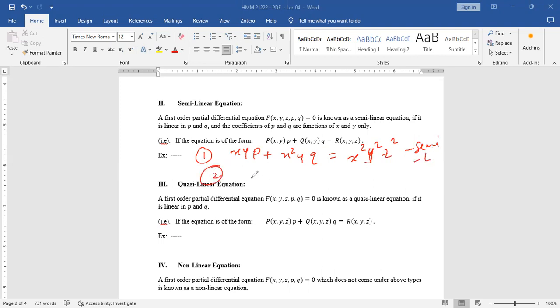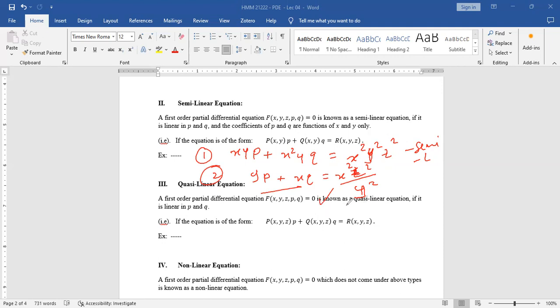Maybe another one, let's say yp plus xq is equal to maybe like this, x squared z squared divided by y squared. Okay, this side is not a linearity property, because z has a power of 2, but this side is okay, so we can have that.